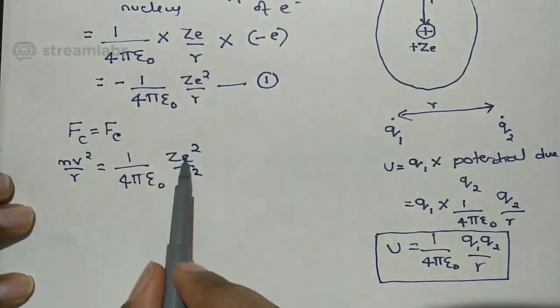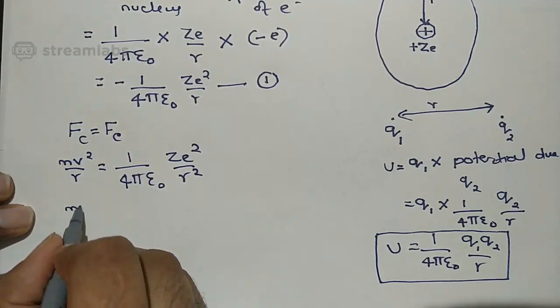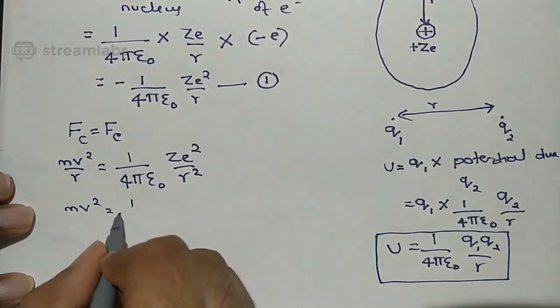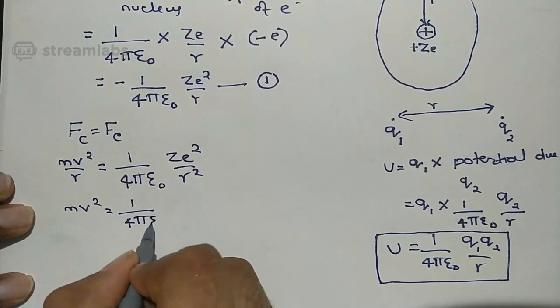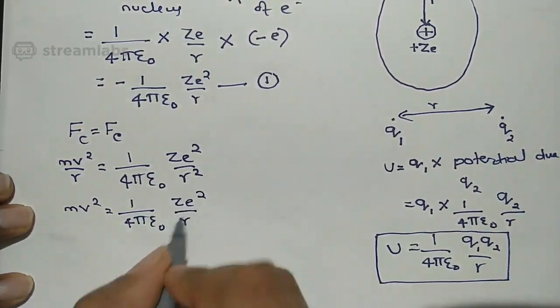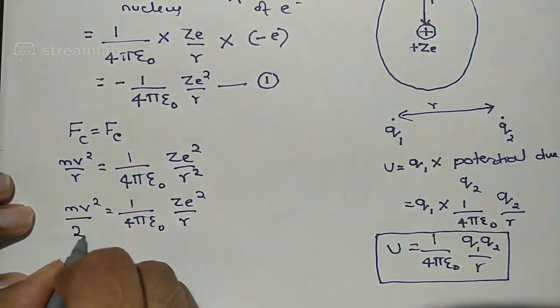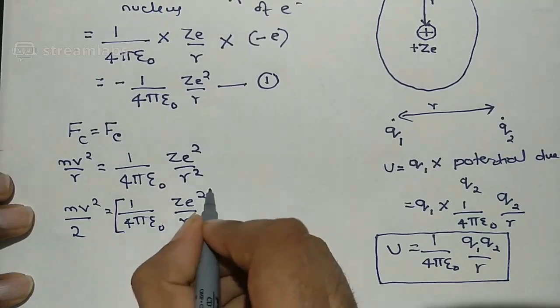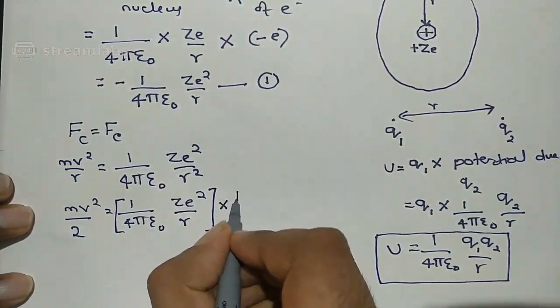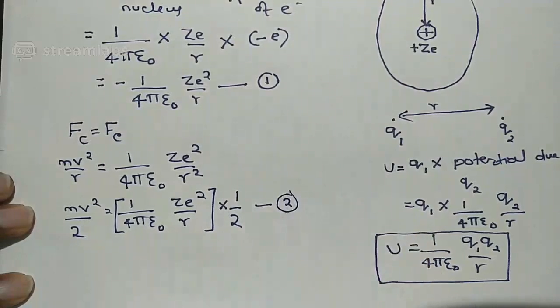Remember, I have not put a negative sign here. So mv square is 1 by 4 pi epsilon naught Ze square by R. I need half mv square, so multiply this equation by half. Take it as equation number 2.